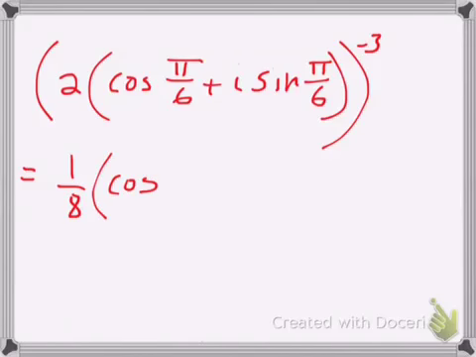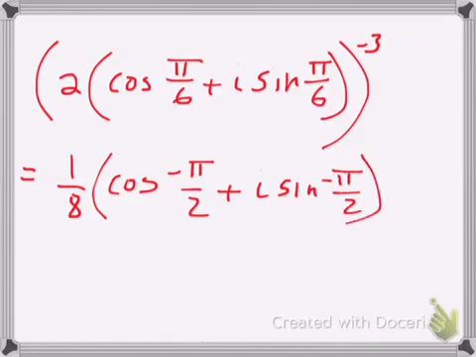Cosine of negative 3 times pi over 6 is negative pi over 2, i sine of negative pi over 2. The cosine of negative pi over 2 is 0. The sine of negative pi over 2 is negative 1.